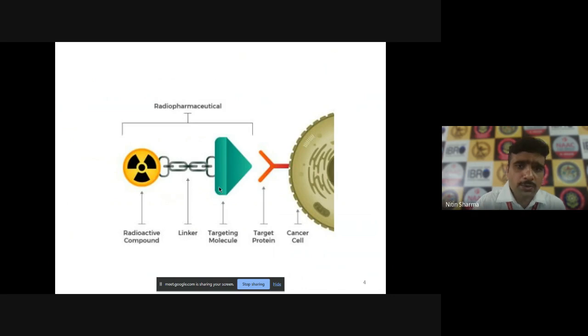This is a well-known concept. But what we are doing is ligating the radiopharmaceutical with those targeting molecules with the help of a linker. So there is some chemistry behind it. Normally we use technetium as the radioactive material and stannous chloride as a reducing agent, which also acts as a linker, and the targeting moiety could be any protein, any pharmaceutical product, or any formulation.